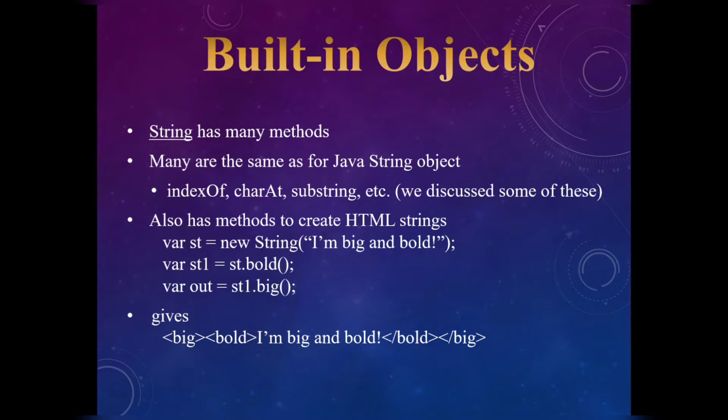Now string. String has many methods, many of them the same as the Java string object. Here we have some examples: indexOf, charAt, substring, etc. First, indexOf returns the position of the first occurrence of a value in a string. This method returns -1 if the value is not found.